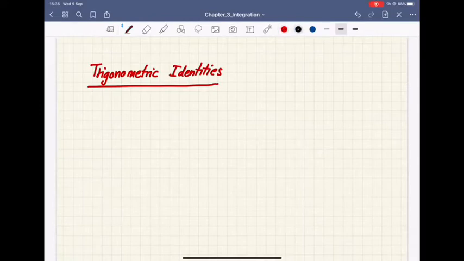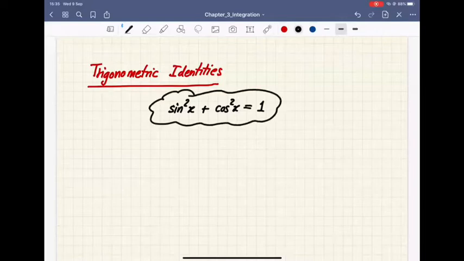The basic identity for trigonometry is sine square x plus cosine square x equal to 1. I call this the mother formula because this is the key point for everything. Every identity in trigonometry starts from this formula. So this is what you have to memorize.